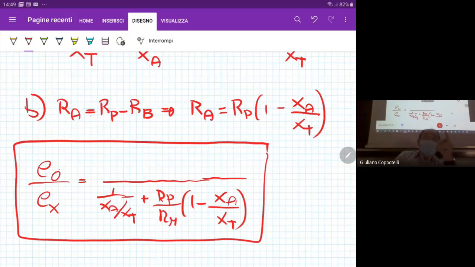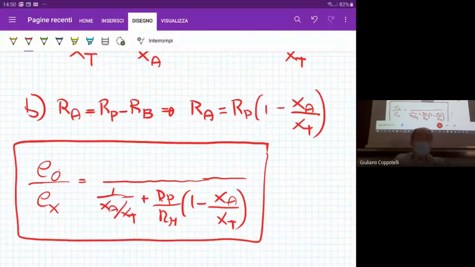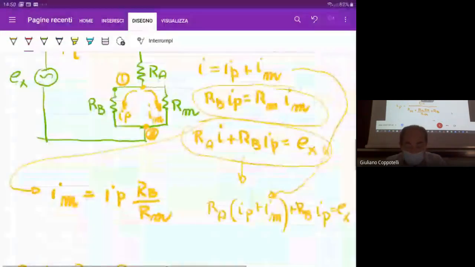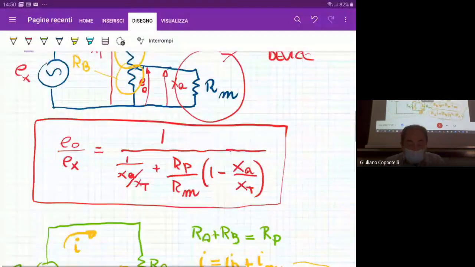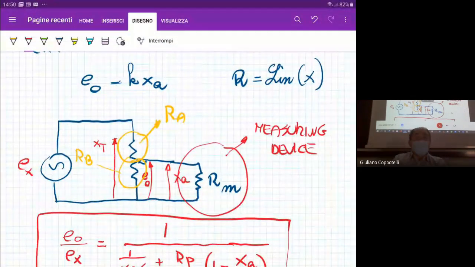Now, if you remember, we said that in the ideal case, there is a linear relation between the actual unknown displacement and the output tension. What does the ideal case mean in this equation? When you are comparing, I'm going back here, this general circuit, how can you obtain from this one the ideal one?